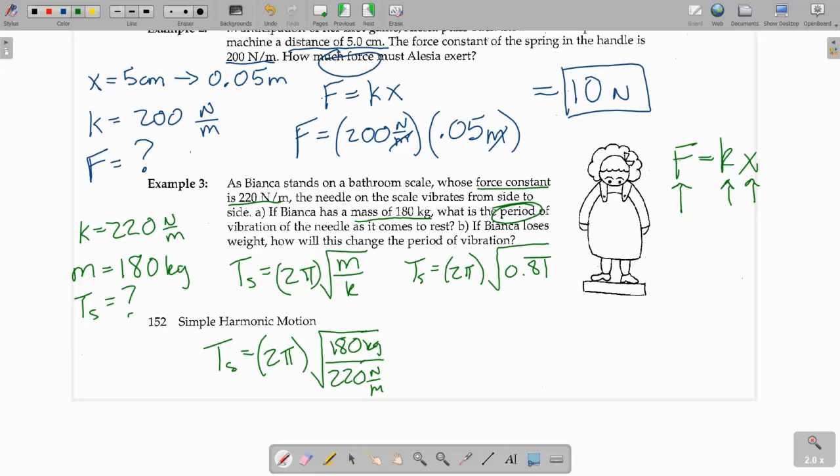Now, we want to go ahead and square root that. So now the period is equal to 2 pi times 0.905, when you do the square root of 0.81 repeating. And then multiply that number by 2 pi, and your period of the spring is going to come out to 5.68 seconds.